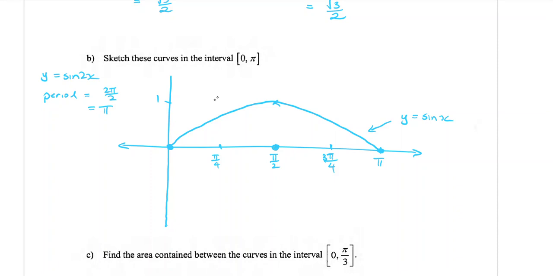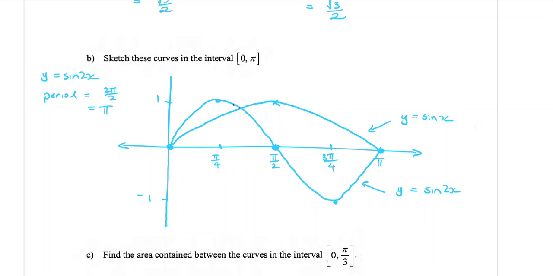At pi over 4, it's going to be at 1, and at 3 pi over 4, it'll be down at negative 1. So it looks like that. That is y equals sine of 2x.